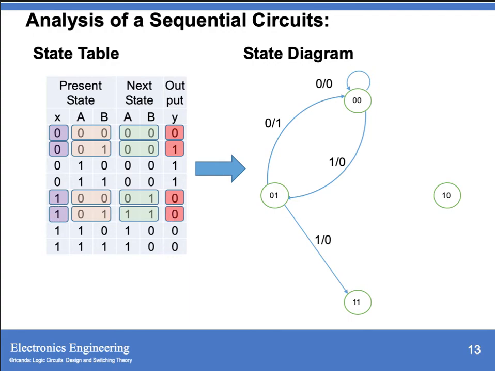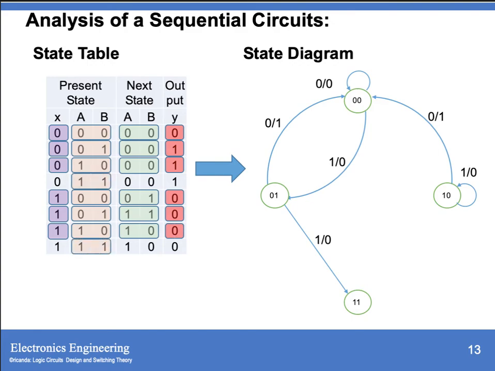For your state 1, 0, the first next state is it will go to 0, 0 if your x is 0 and your y is 1. And it goes to 1, 0 when your x is 1 and your y is 0.